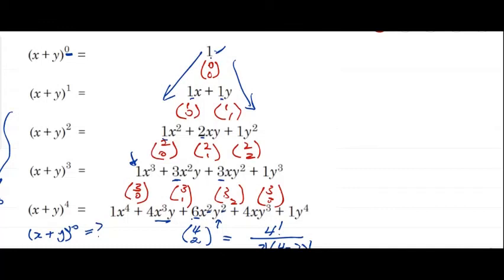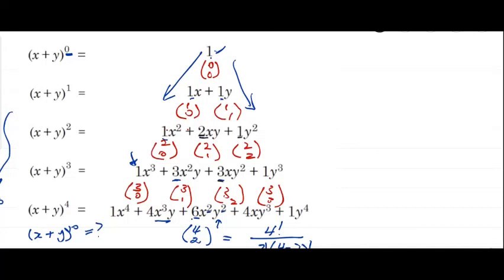I've written the binomial coefficients underneath each element of Pascal's triangle, because we can represent Pascal's triangle that way. And what I want you to see here is the feature with Pascal's triangle, for example, where you have 3 being the sum of 2 and 1.